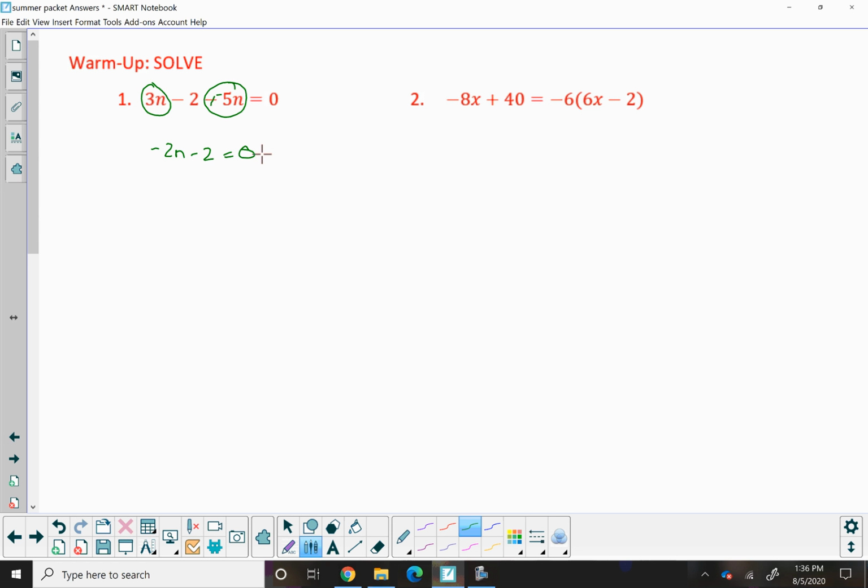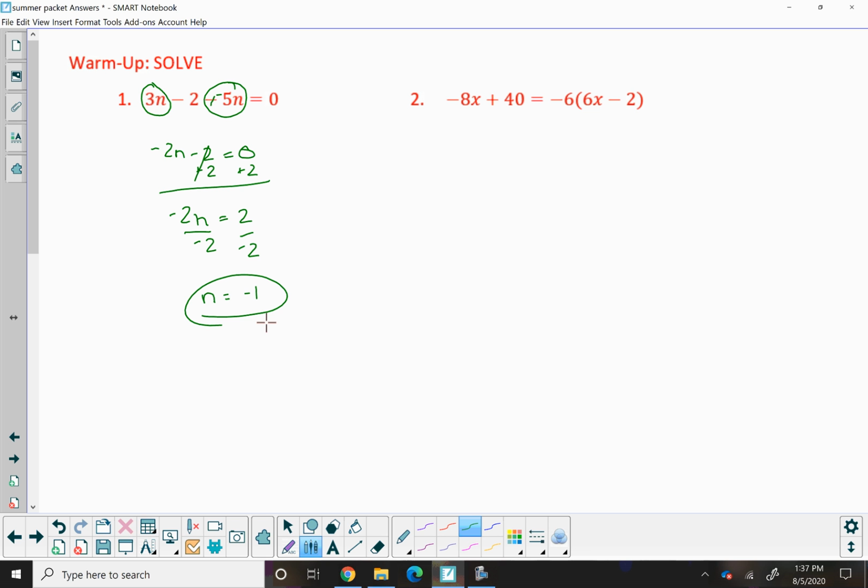Well, I want to solve for n. So I'm going to add 2 to both sides. Once I add 2 to both sides, I'm going to get negative 2n is equal to 2. Divide by negative 2, I get n is equal to negative 1.